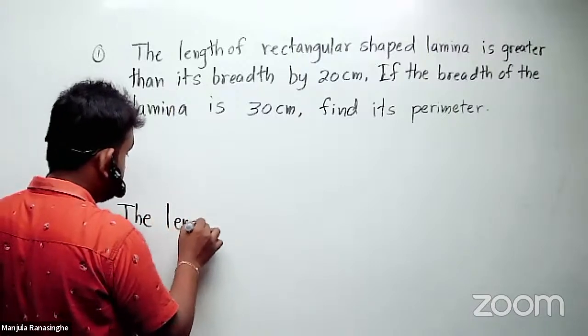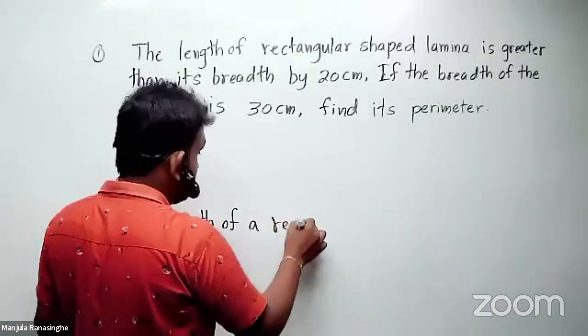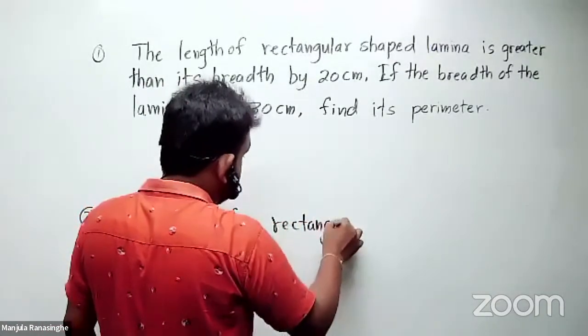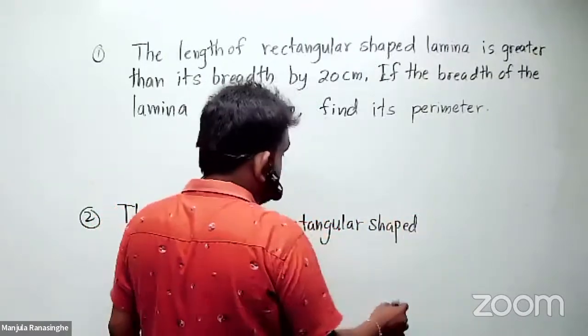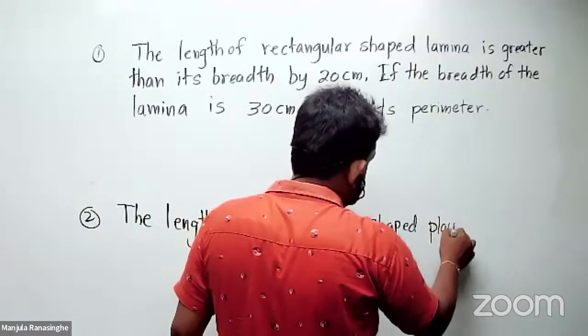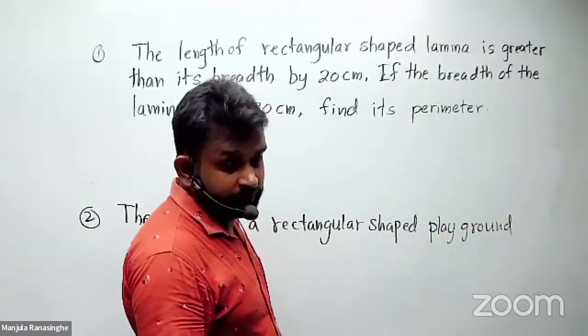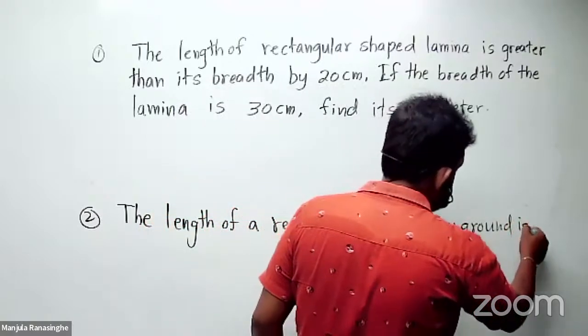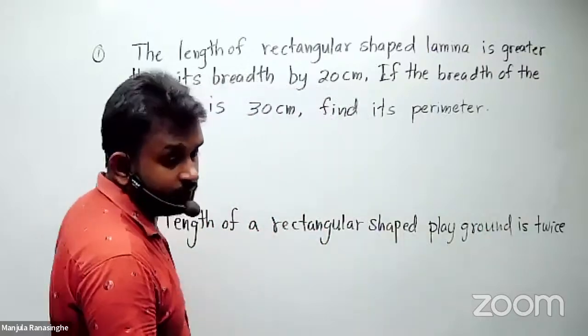The length of a rectangular shaped playground is twice of its breadth.